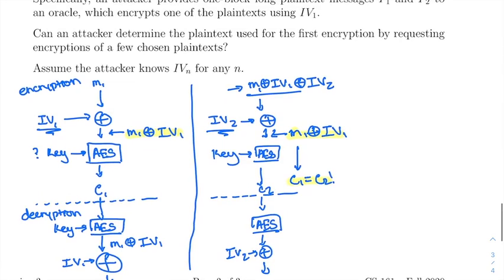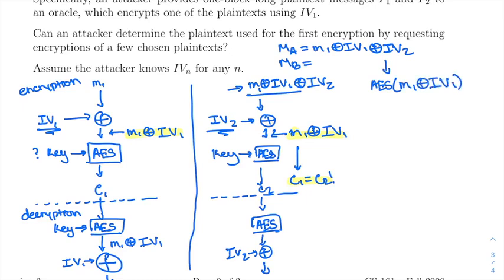The idea with the IND-CPA game is that we can pass in message A, which is M1 XOR IV1 XOR IV2, and message B doesn't really matter. We just know that the ciphertext we're given back is going to be the AES block cipher of M1 XOR IV1, which we had from game one.